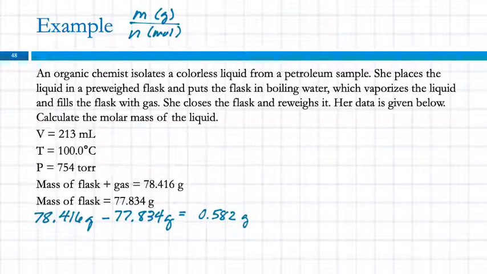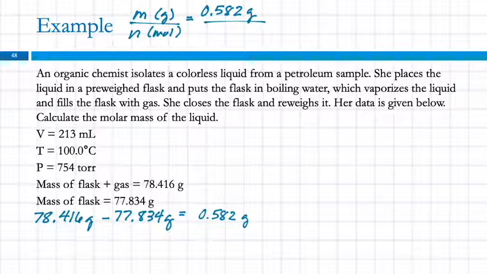So that many grams. Okay, so that's one thing I need. That's the mass. 0.582 grams. The other thing I need is how many moles of gas do I have?